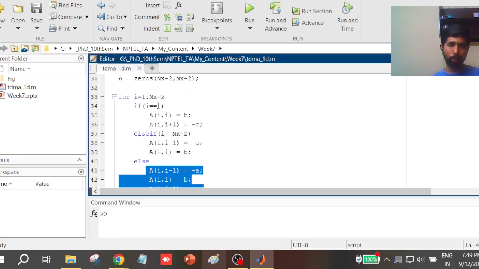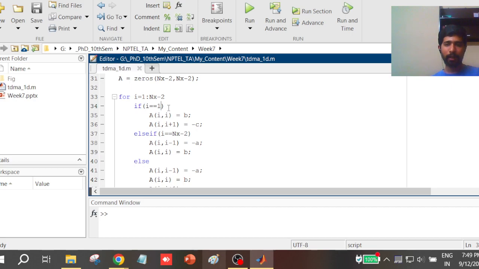Now when you come to I is equal to 1, that is the first row, as I told, it corresponds to the second grid point, and here you do not want to take I minus 1. It becomes unphysical also, because you don't get 0 index in MATLAB. So you cannot take A of I minus 1, and you have to put that on the right hand side.